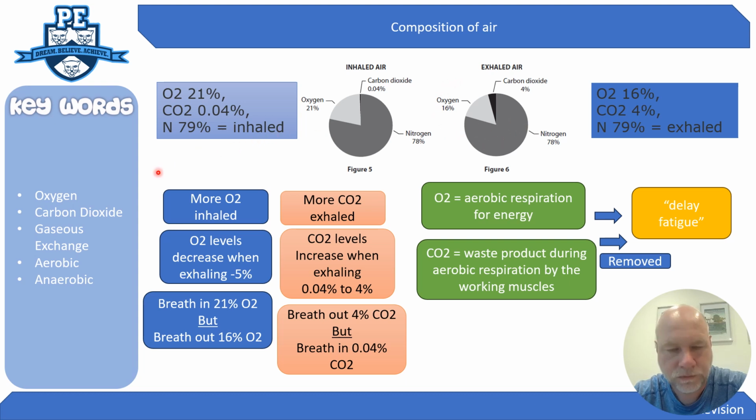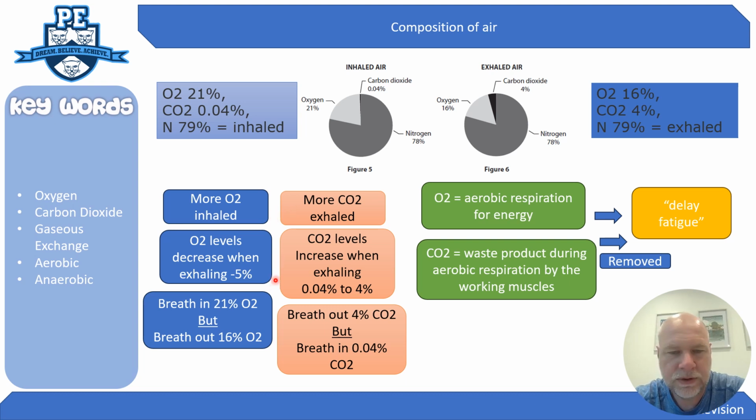Now, we need to look at why the values change between inhaled and exhaled. The types of analysis you'll be doing start with the very basics of what you see. Why are these numbers different? Well, there's more oxygen inhaled and more carbon dioxide exhaled, and that's the key point you want to be making.